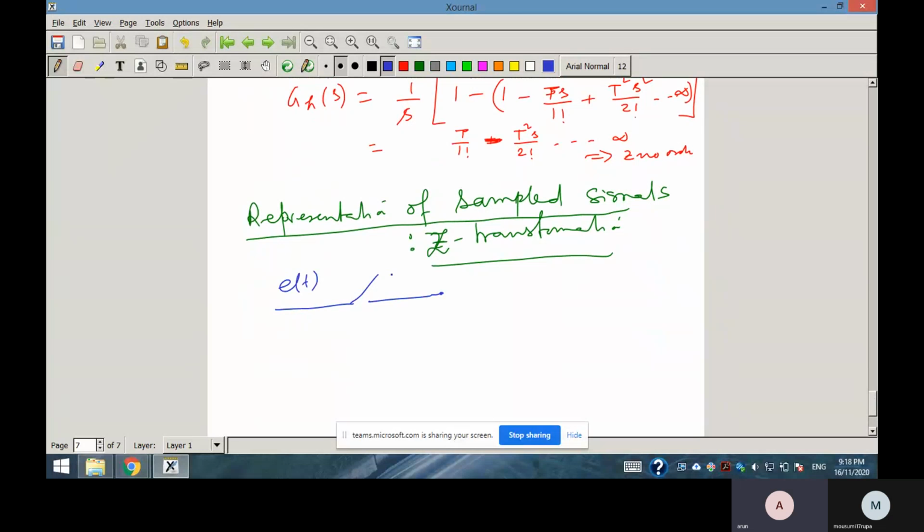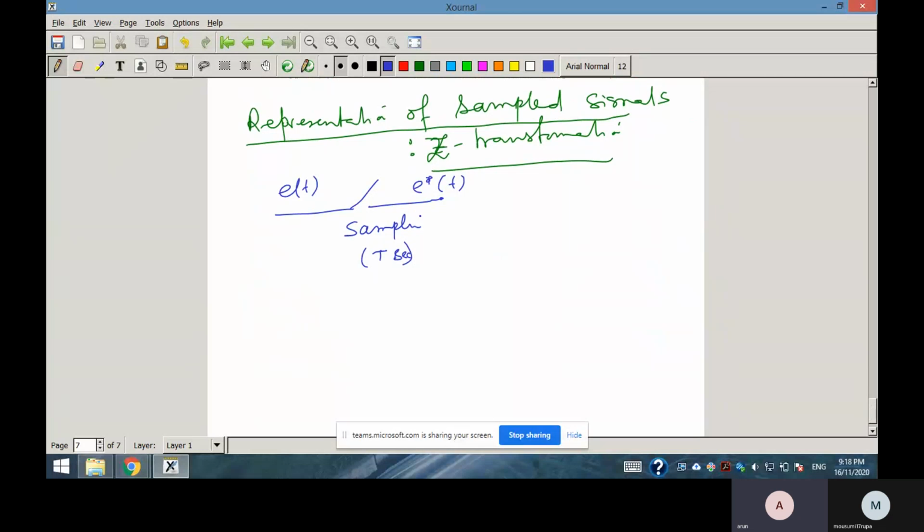This is your e(t), this is your e star(t), then again a sampler. This is a sampler with T second sampling. So now how will you define the Z transform? The Z transform is taken only when there is a sampler. So whenever I am taking the Z transformation of continuous time signals, that means there is a sampler.